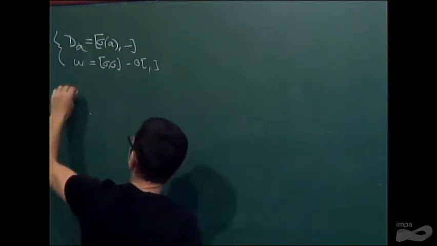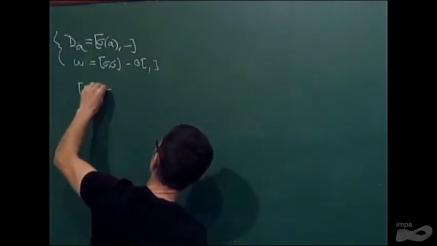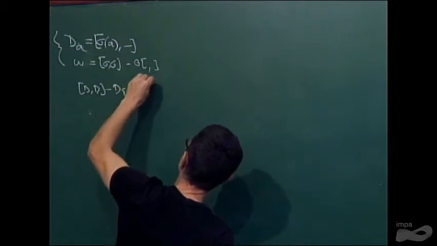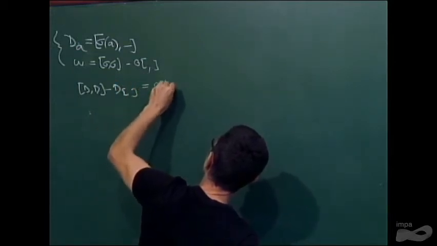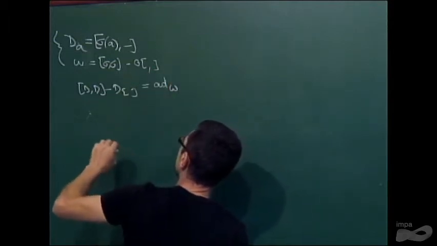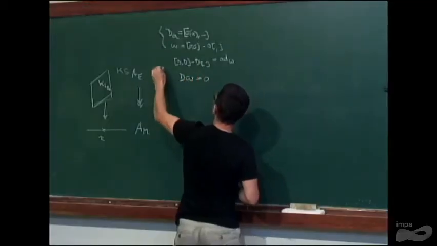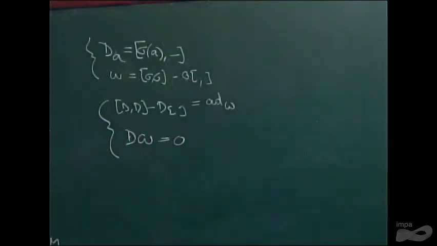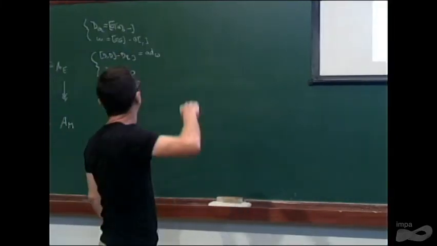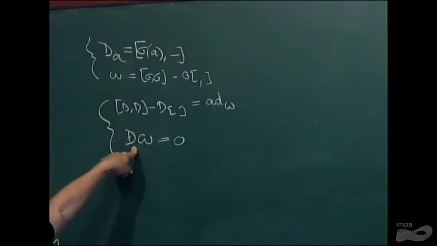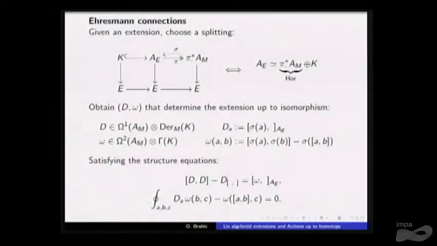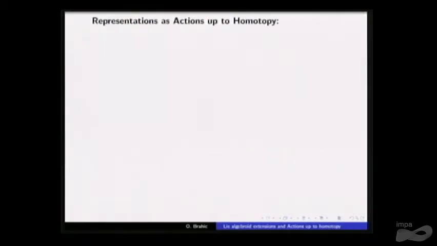The first is d squared minus d equals ad omega, a bracket with omega. This one I really want to write as d omega, because this is a three form on A with values in K. So probably the best way to write it down is like this.